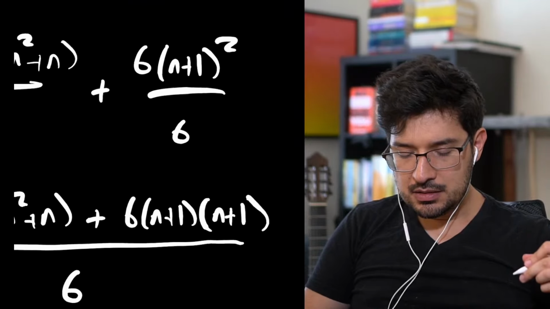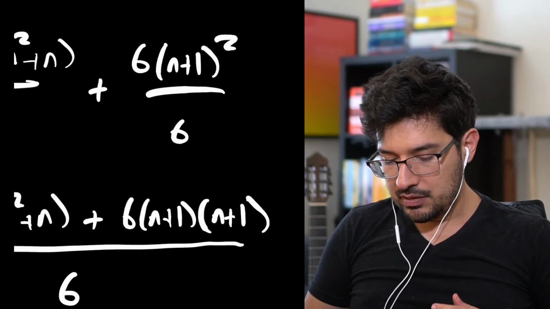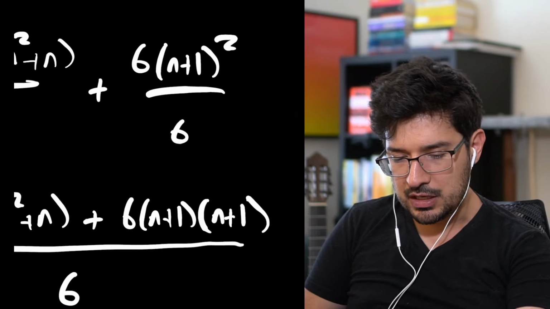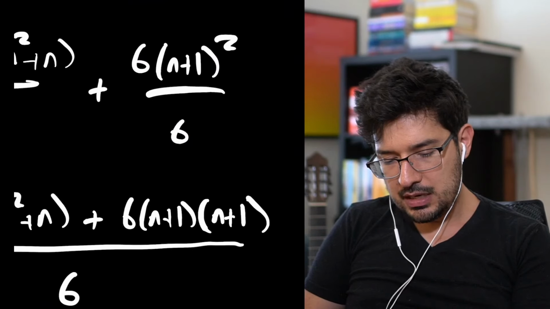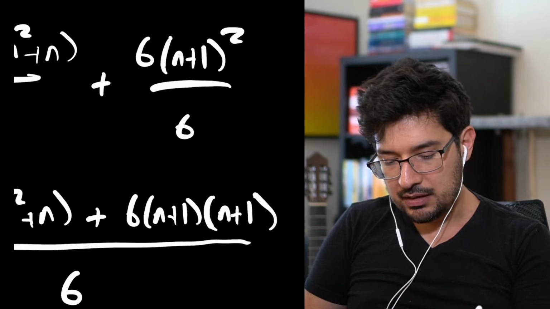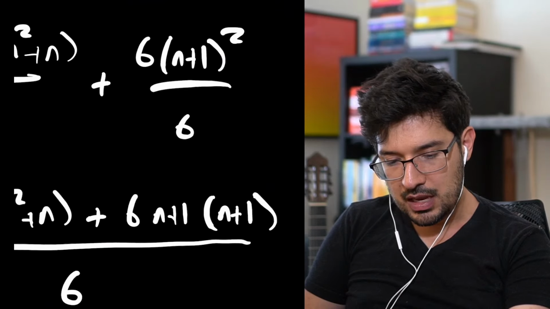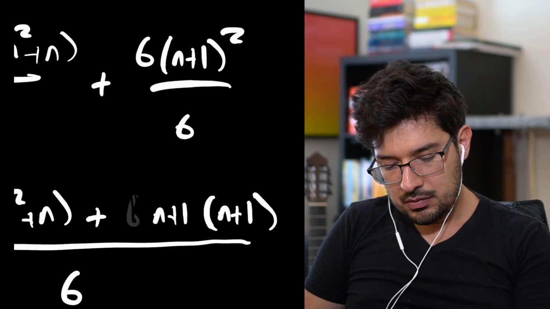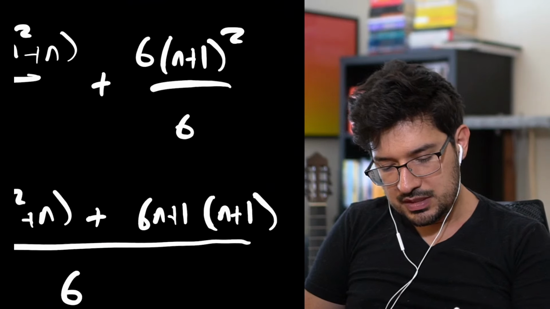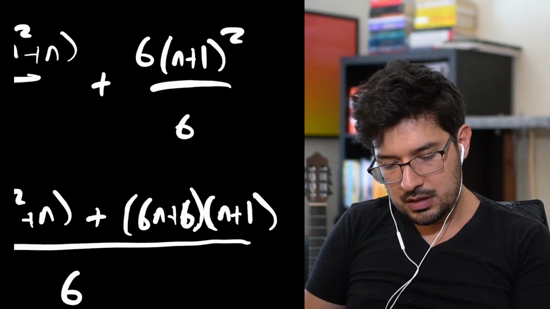On the second term, n plus 1 quantity squared is n plus 1 times n plus 1. I'm going to go ahead and distribute now the 6 into the first n plus 1. So 6n plus 6 times n plus 1.